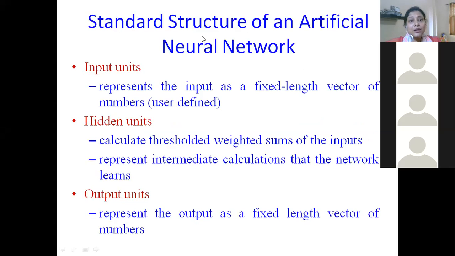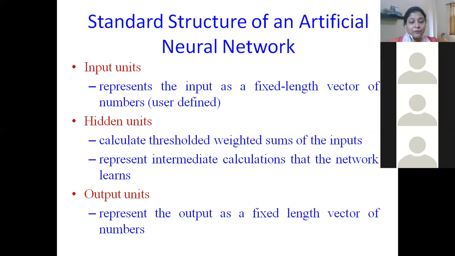Now, what is the standard structure of artificial neural networks? That means what are the different layers, or formations, if we look at the artificial neural network architecture. In the previous class, I showed two diagrams of the single layer feed-forward network and the multi-layer feed-forward network.